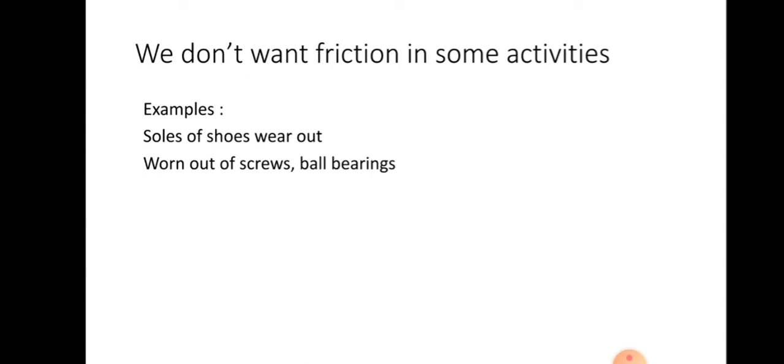So the energy produced by the machine is lost because of the heat produced in that. There may be some heat loss because the energy is transformed into heat energy and it is lost. This is also a situation where we don't want the friction.